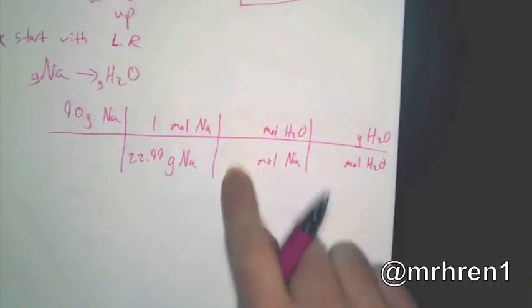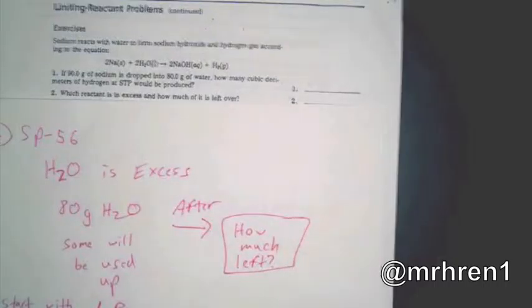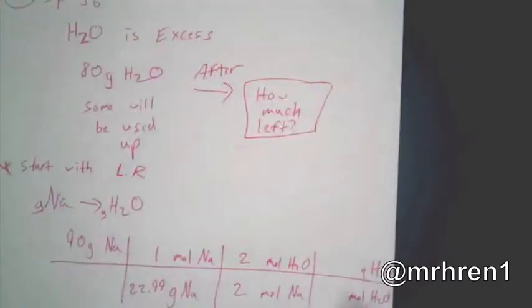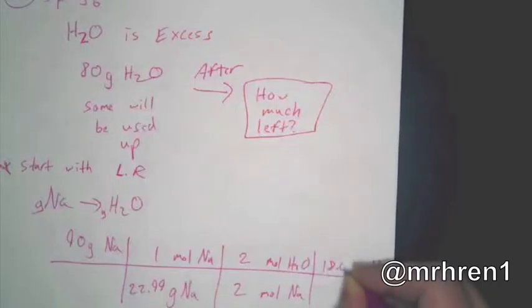Now the numbers: 1 mole is equal to 22.99 grams. You need to know your coefficients here for H2O and sodium. In this case, it's actually a 1-to-1 ratio, 2-to-2. It's the same thing as 1-to-1, but we'll put it in like that. And then finally, the molar mass of water is 18.02 grams, and that's 1 mole.